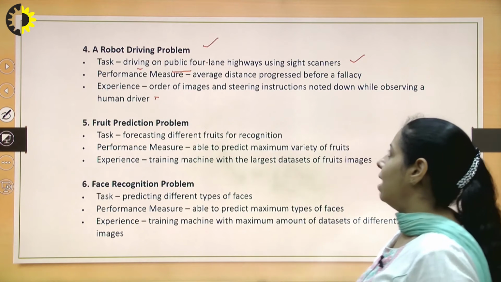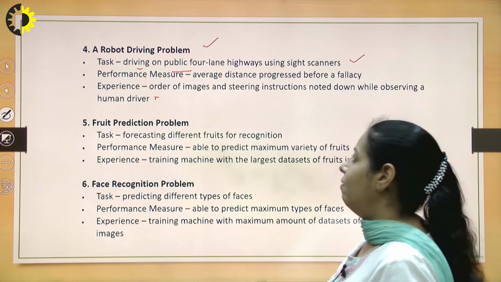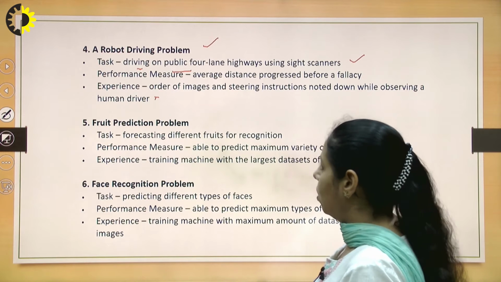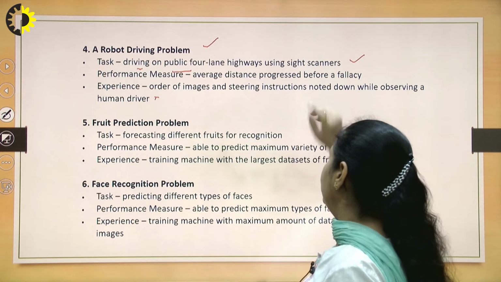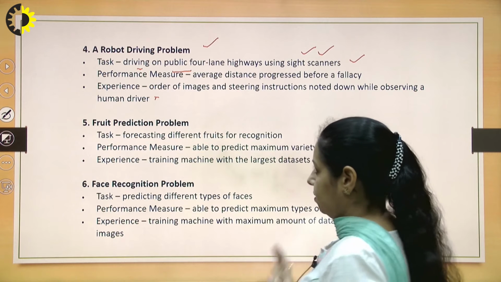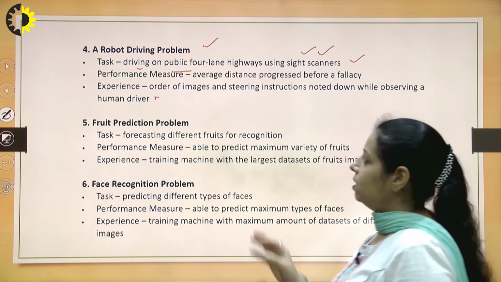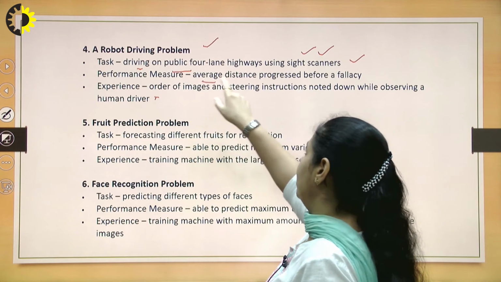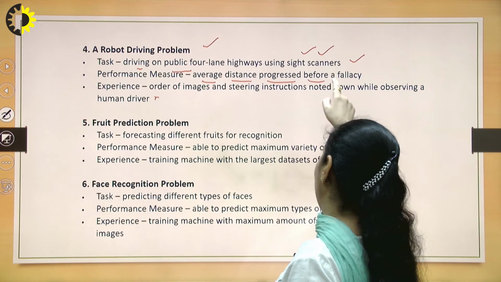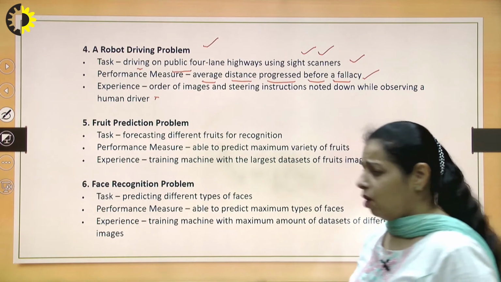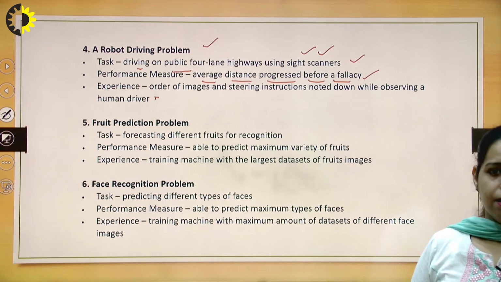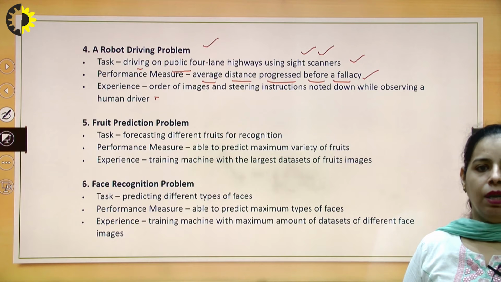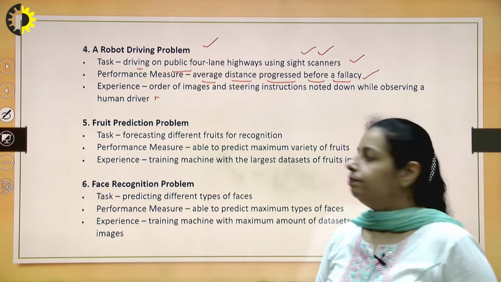There is a four-lane highway where we have a car being driven by a robot, and it is using some sort of vision sensors. The performance measure is the average distance progressed before an error. Error means whether the robot has covered a proper distance before failing.